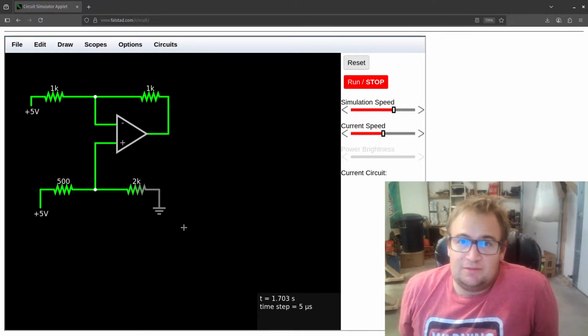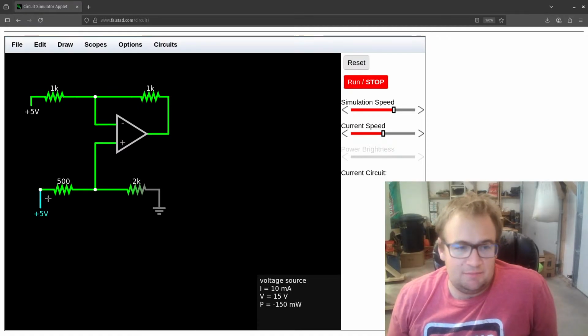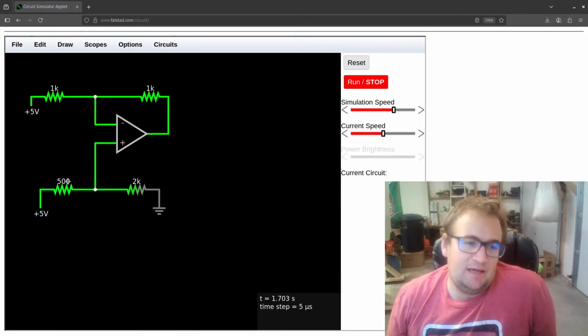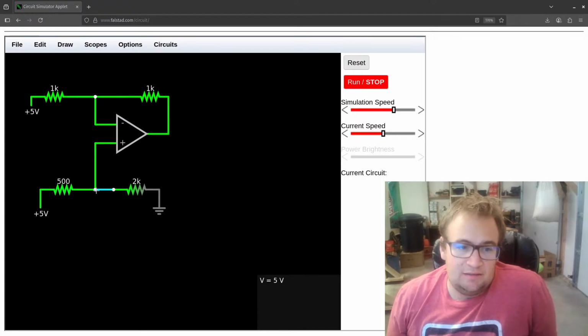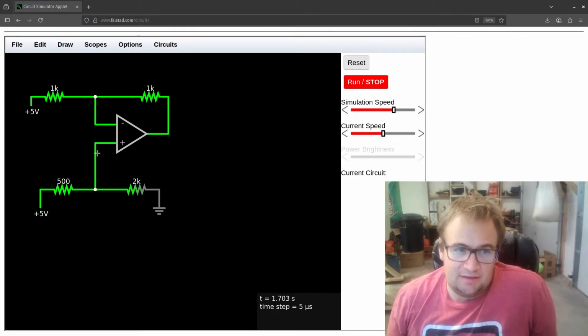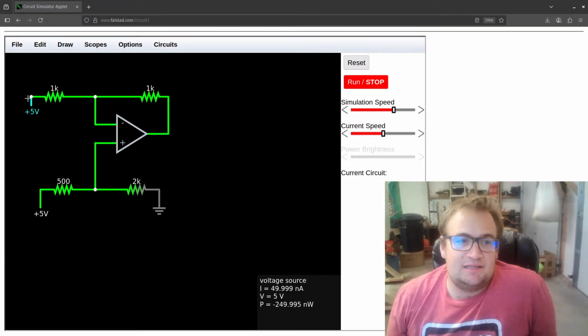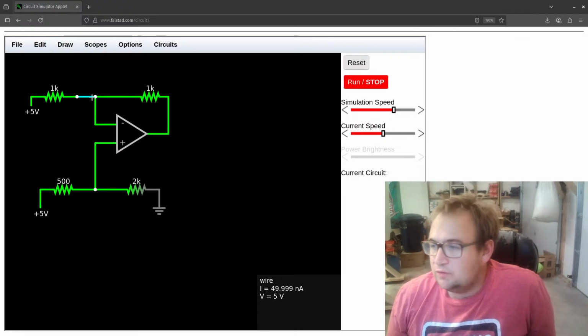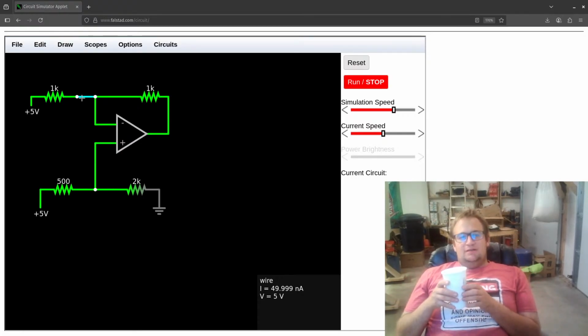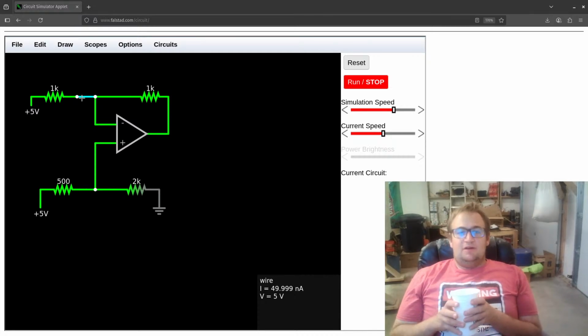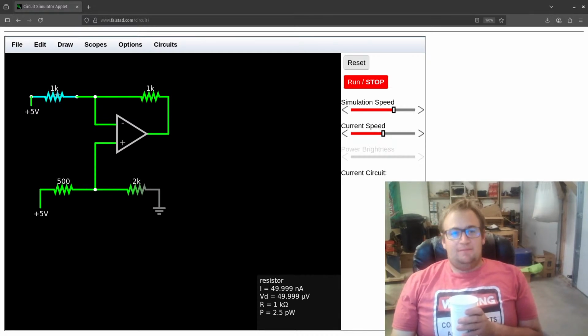So that means we're going to have 2 milliamps coming across here. 2 milliamps times 500. That means a volt will be dropped across this. That means 4 volts will be seen here. That means that this will have to have 1 volt. Or what? 1 volt will be dropped across it. So that means that we're going to have a current of 1 milliamp here.